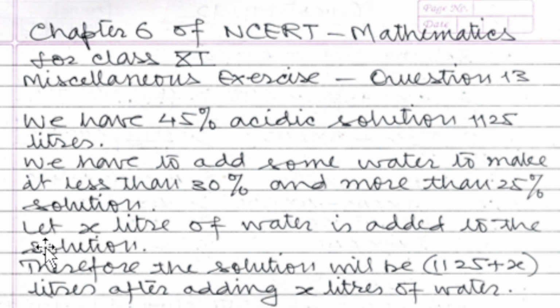Now let us assume that x liters of water is added to the solution. Therefore, the solution will be 1125 plus x liters after adding x liters of water. Actually, it was already 1125, so if we add x, it will become 1125 plus x liters.